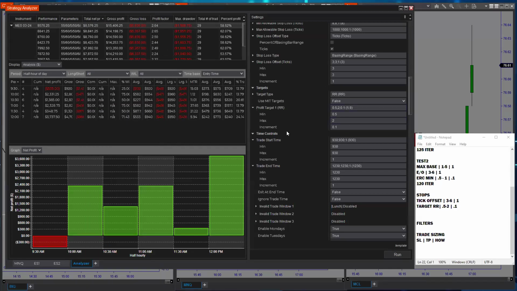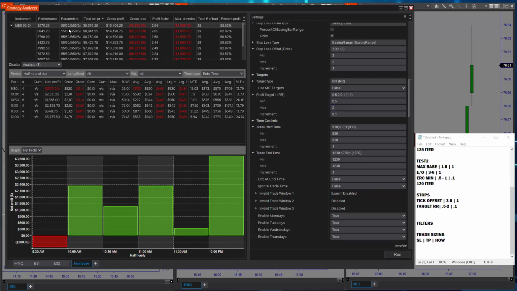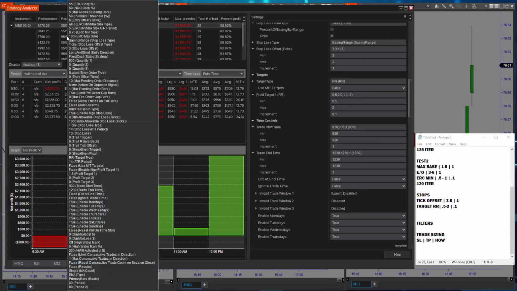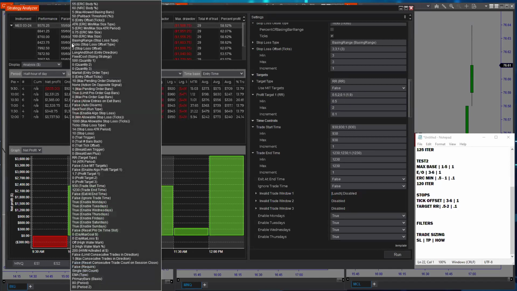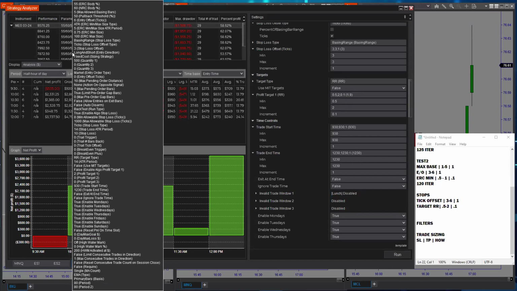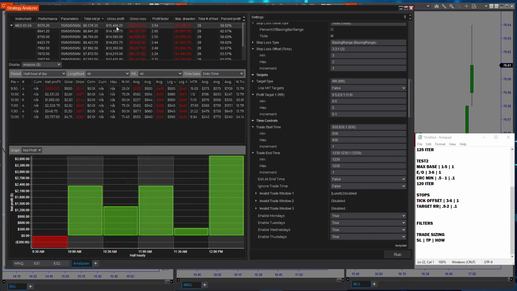So we got some different numbers coming in here. 1.9, 1.6, 1.8, 1.7, 0.5, and then 2. So the higher our multiples are paying out more. This one had a better profit factor, though. So let me go this way, too.